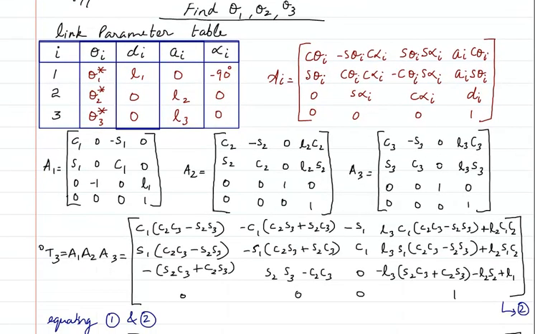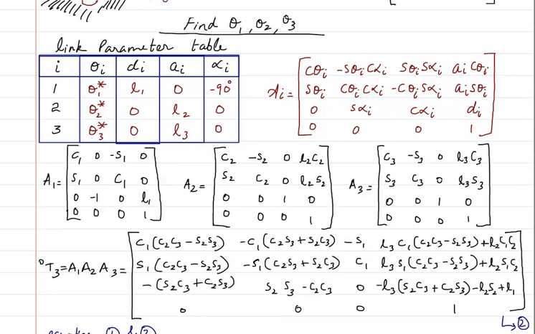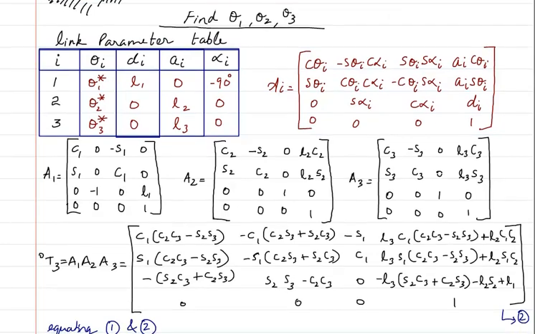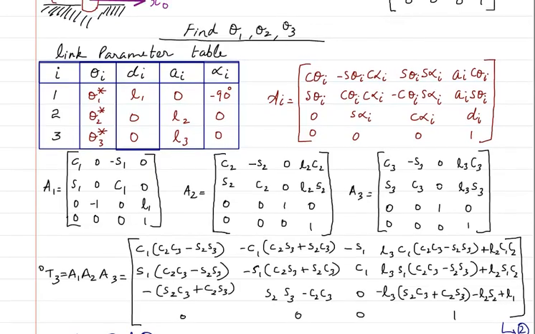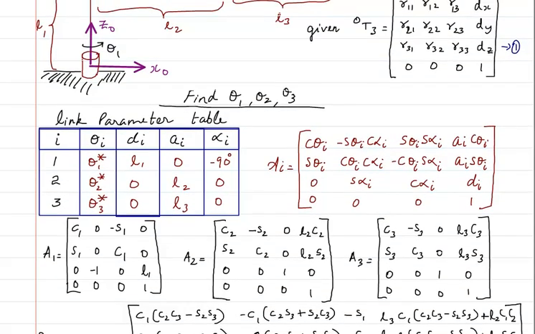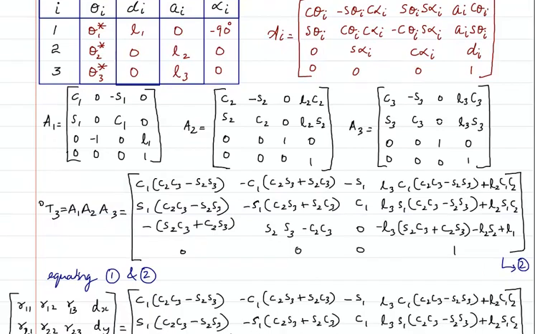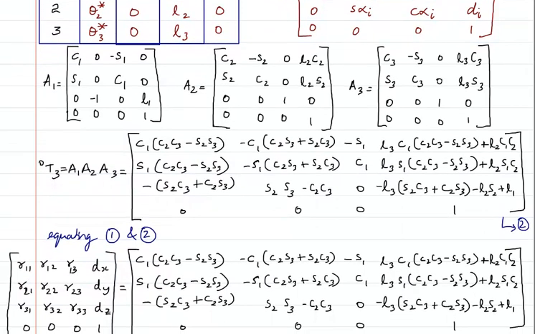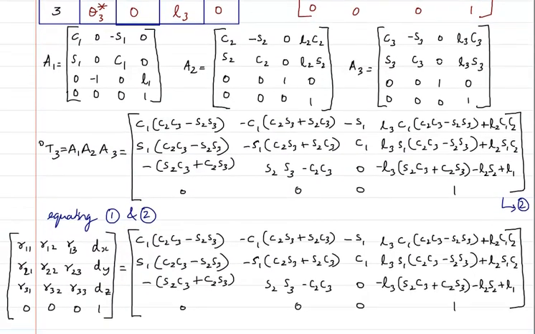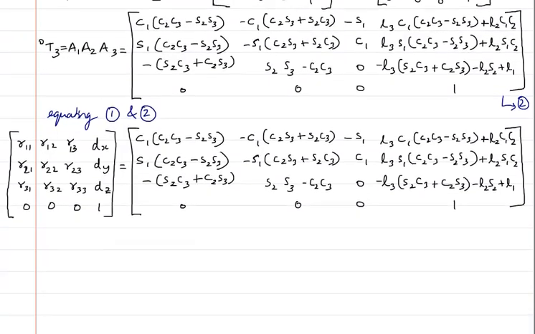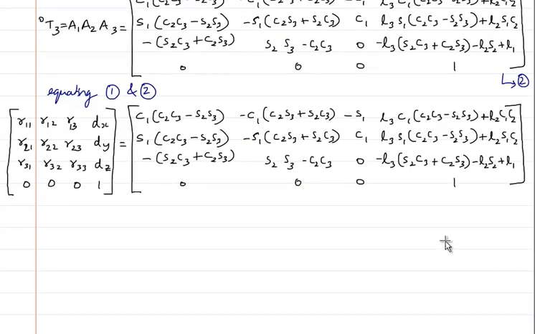So we get 0T3 as this particular equation, which is equation number 2. Now we have to equate equation number 1 and 2, and when we equate them, we get this particular equation. From this equation we have to find theta 1, theta 2, theta 3. It's not very difficult.